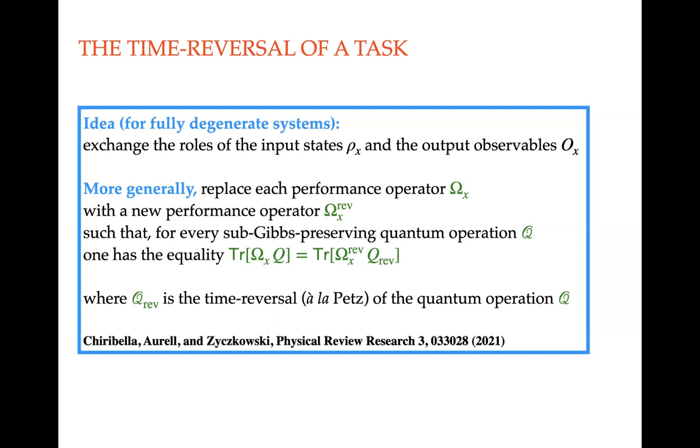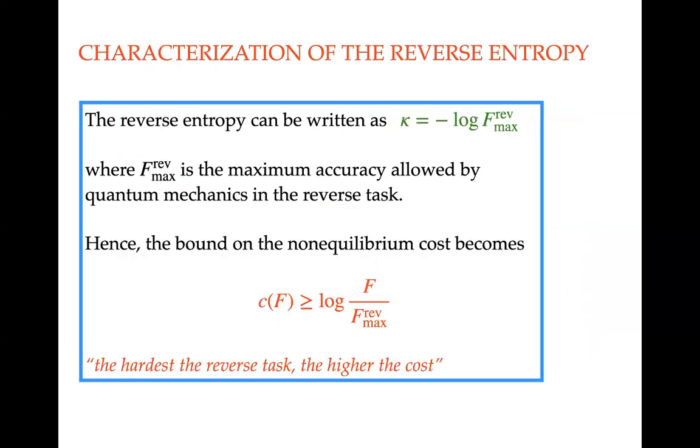Okay, so good. We have this notion of a time reversal of a task, and it turns out that you can express the reverse entropy as the minus logarithm of the fidelity, the accuracy, in the reverse task. So the performance measure in the reverse task determines this contribution that we call the reverse entropy.